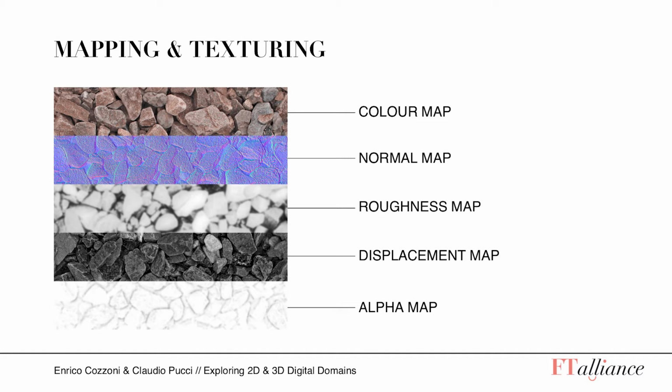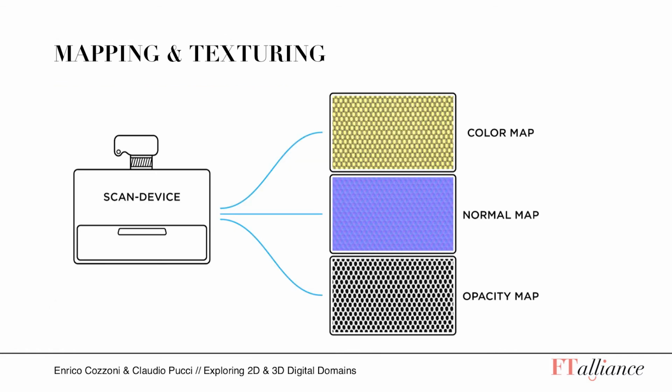Here, in this case, you see the color map, the normal map, the roughness map, the displacement map, and the alpha map. So from the scan device, I can generate a basic number of maps. I scan the materials, and I can generate a set of basic maps of the materials.